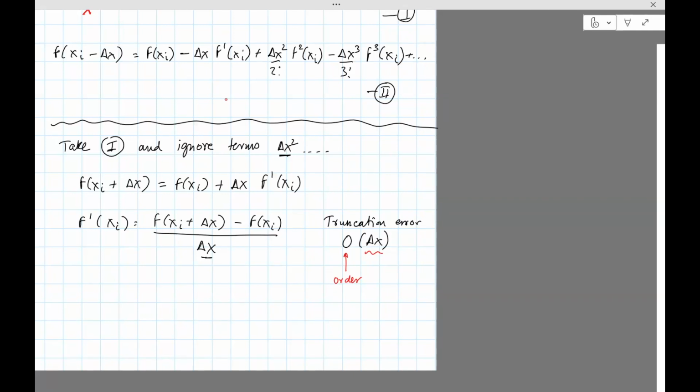If you choose delta x to be 0.1, it's saying that your calculations will be accurate to 0.1 or 1 decimal place. If you choose delta x to be 0.01, your calculations are of the order of 0.01, which means the accuracy would be 2 decimal places. That's what it means. It's all approximate.